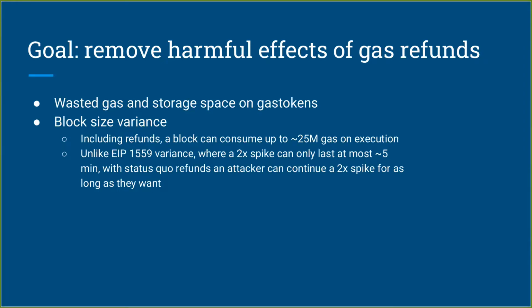This is more about, basically imagine a short-term DOS attack where an attacker discovers some technique that we don't know about for making blocks that take 10 times longer than usual to process. And then on top of that, they burn a bunch of gas tokens, and then they create blocks that would say take, I don't know, 15 seconds to process instead of 7.5. And with DOS attacks, it's not a binary, it's a spectrum. And the longer they take, then instead of a 51% attack, you could do a 31% attack, for example.